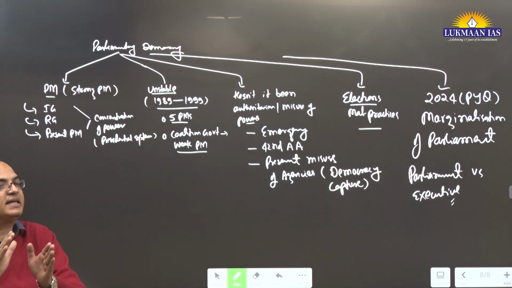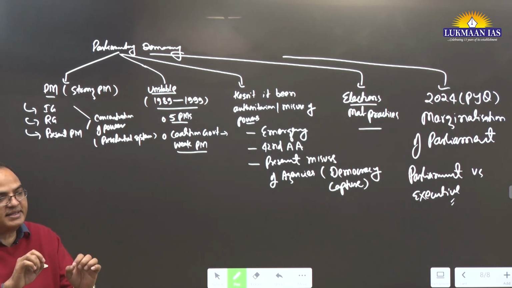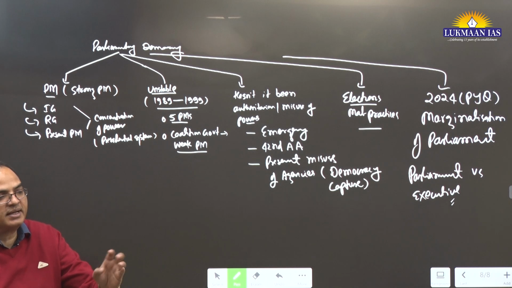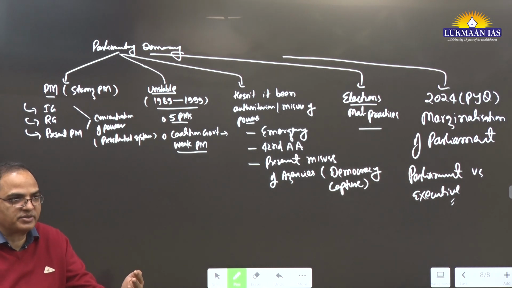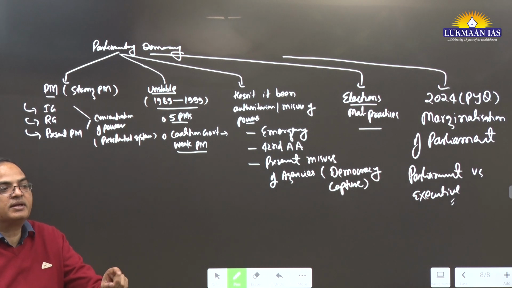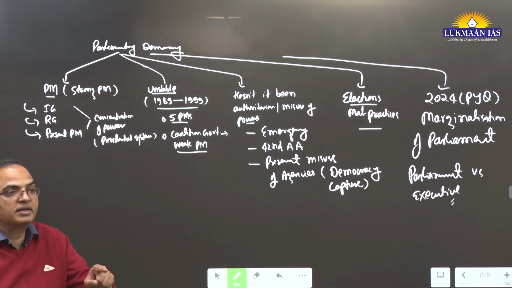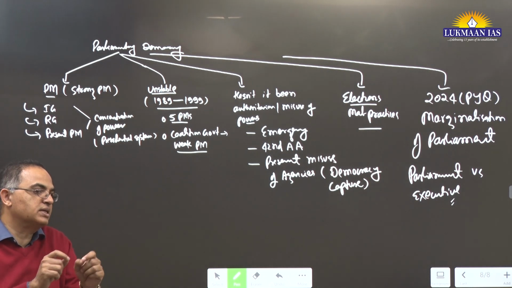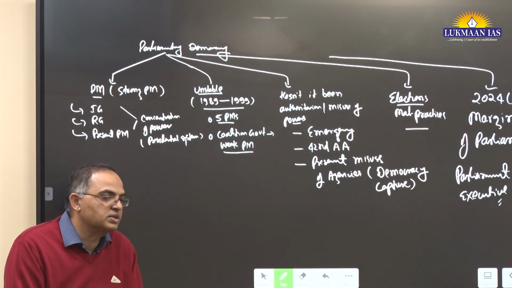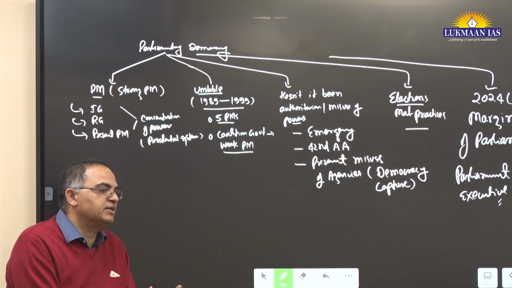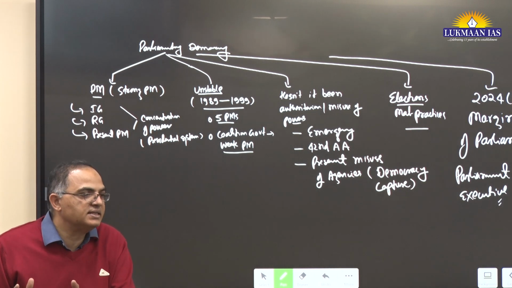So you have to understand what has happened in parliamentary democracy: the caste factor, religion factor, communal factor, regional factors. These things have resulted in divisive politics. And divisive politics goes against the spirit of the Indian Constitution, where you have to promote liberty, freedom, equality, fraternity, unity, and integrity.